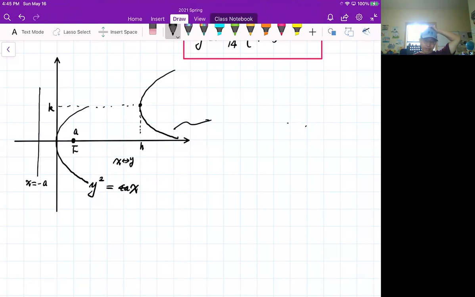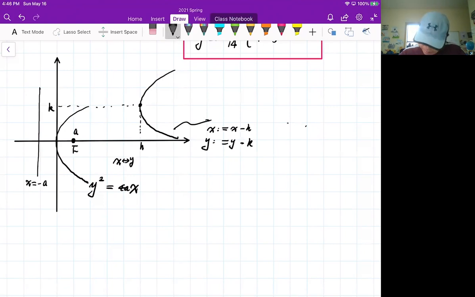How do you write down the equation? You just change your x value to x minus the x value of the vertex. So x is replaced by x minus h, and y is replaced by y minus k.